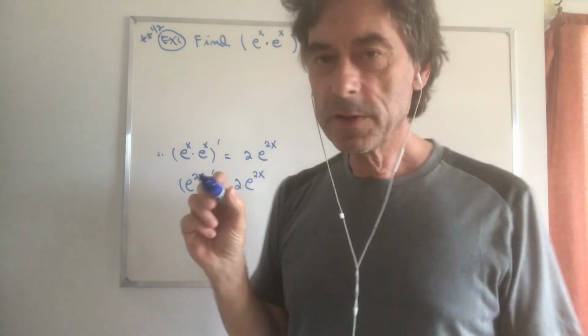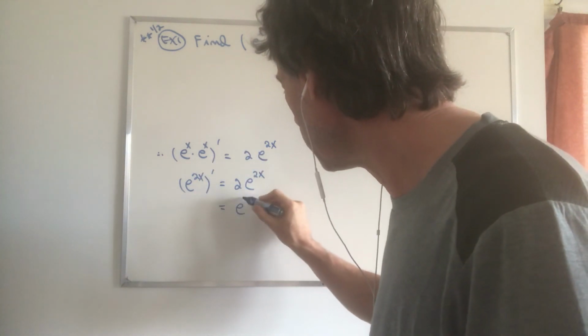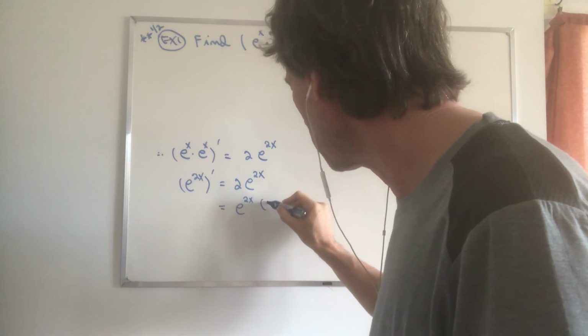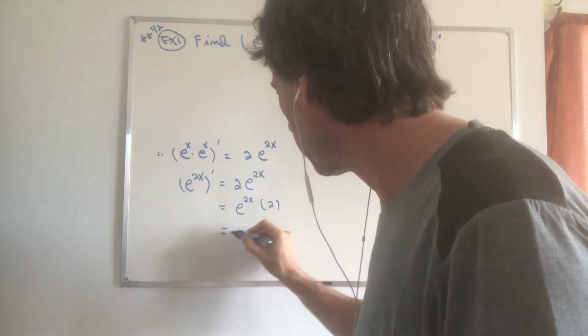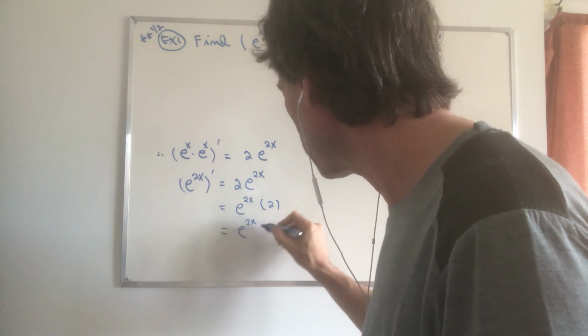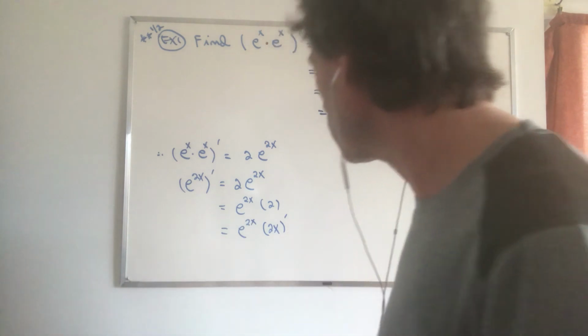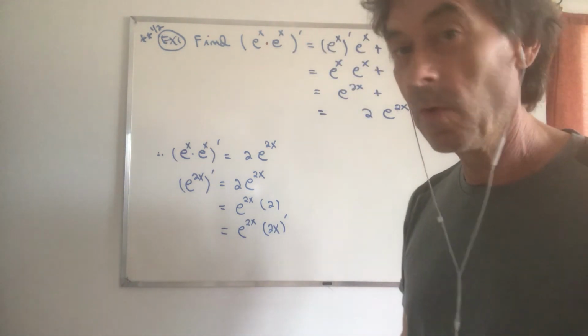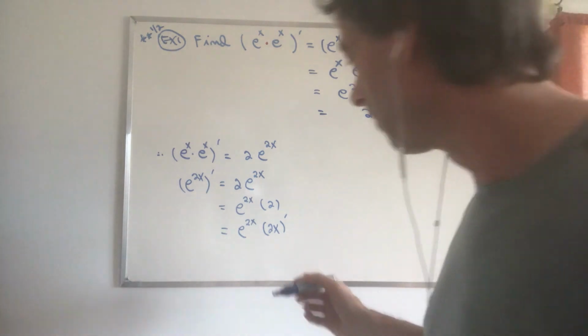Now, check this out. You've seen me do this before. So e to the 2x, I'm going to put the 2 after the e instead. And I'm going to rewrite this as, what's the same thing as 2? 2x prime. Oh, what does that make you think of? Some sort of a chain rule.